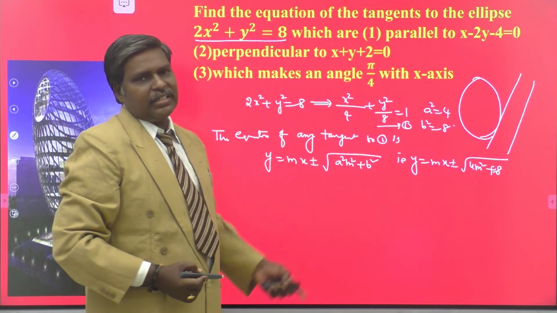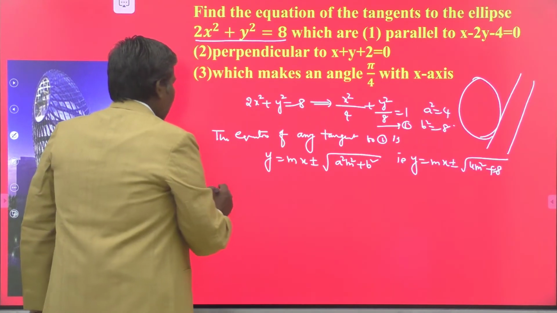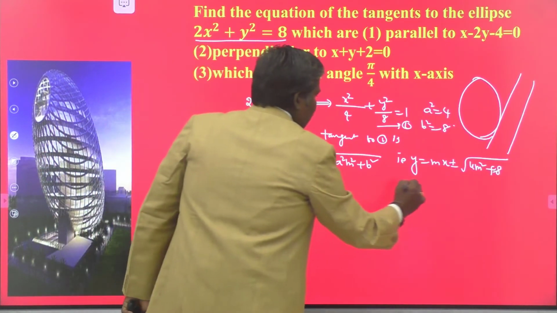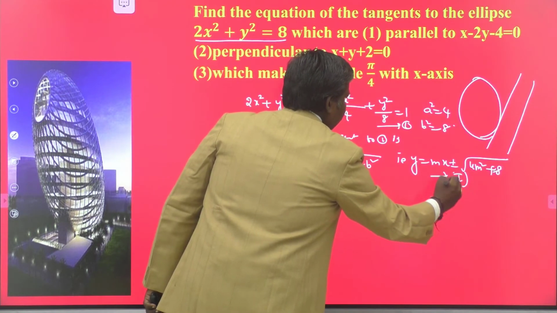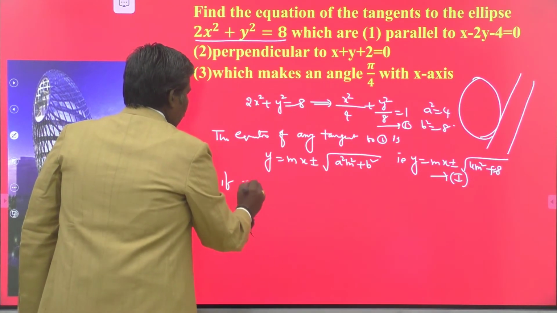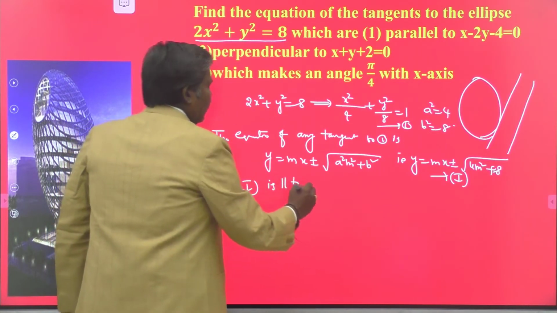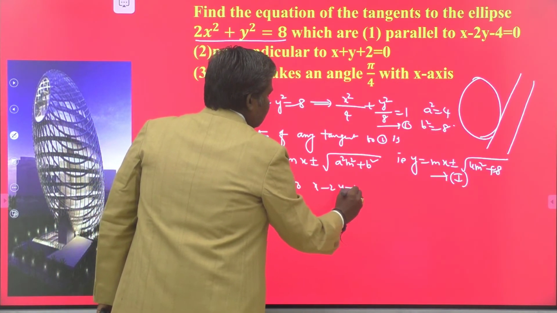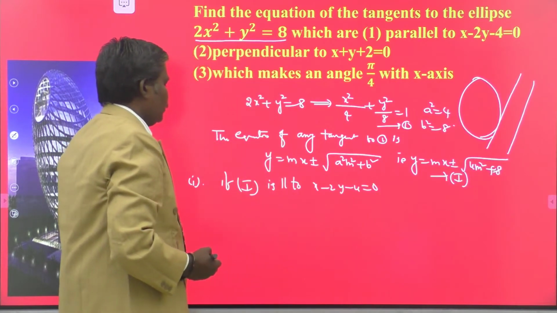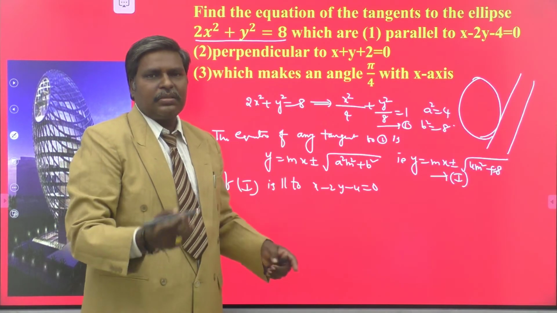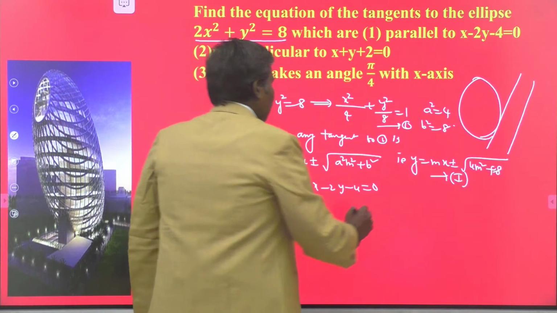So for the first problem, this is equation number 1. If 1 is parallel to the line x minus 2y minus 4 equal to 0, their slopes must and should be equal.